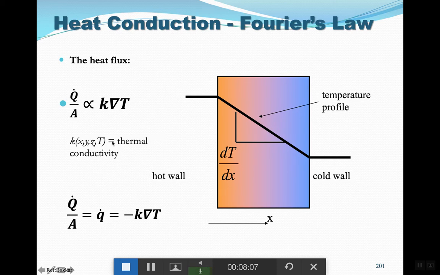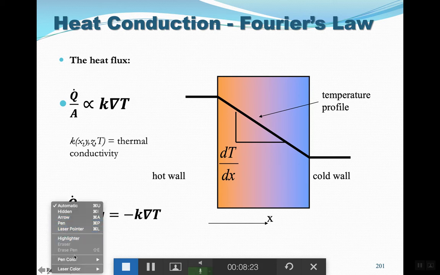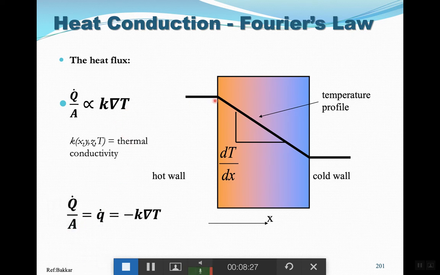In Fourier's law, what we say is that the amount of heat transferred through a material, please follow the mouse cursor, let me change this to the laser pointer, the amount of heat moved from high temperature to cold temperature, that is Q, and of course we divide everything by cross section to make it even, is proportional to delta T. And of course there shouldn't be a K here, sorry, this is a typo.